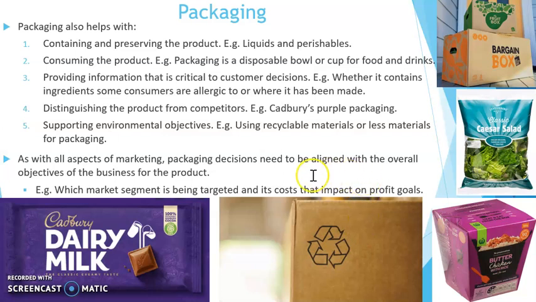And also we've got to bear in mind the costs of our packaging, because packaging does cost money to the business to put together, to put our printing on it, our marketing, to manufacture. So we can't spend limitless amounts of money on our packaging. So we've got to weigh up the cost of our packaging versus our profit goals.